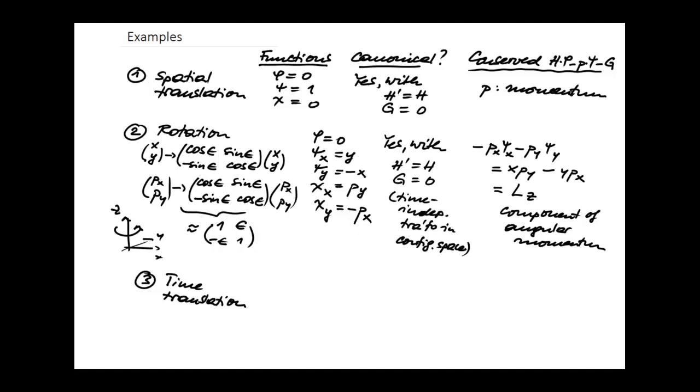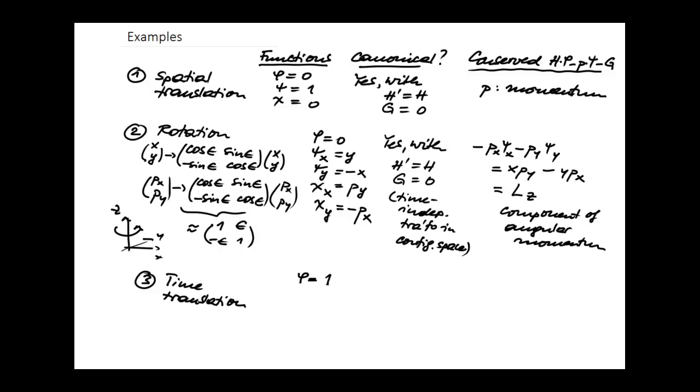Which functions generate such a shift in extended phase space? Well, in that case, the phi is equal to 1, because time is shifted at any point in extended phase space. The time coordinate is shifted by a constant epsilon.